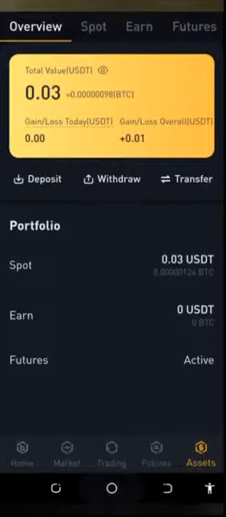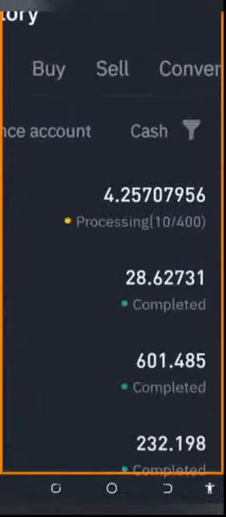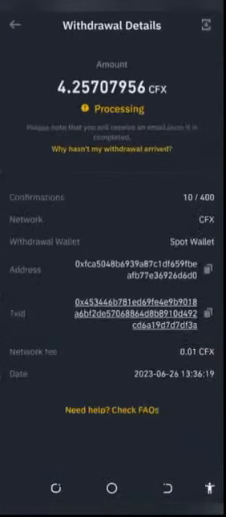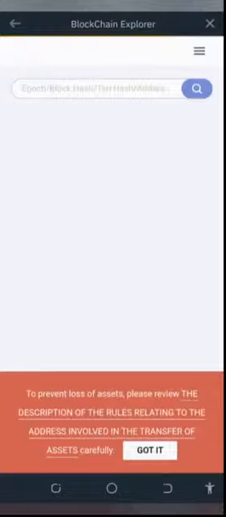Let's keep our fingers crossed. Currently, it's still looking like it's processing. We've gotten 10 out of 400 confirmations. Interesting. I don't know how long this is going to take. No idea, right? Let me click on this, to see whether it will take me somewhere to see what's going on currently. Well, this is what happens when you're trying to send money through networks. It takes time.